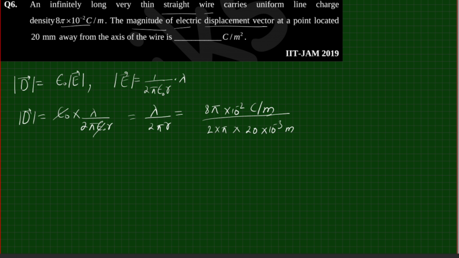Pi cancels with pi, 4 to 5. On solving we will get 2 Coulomb per meter square. So the answer is 2.